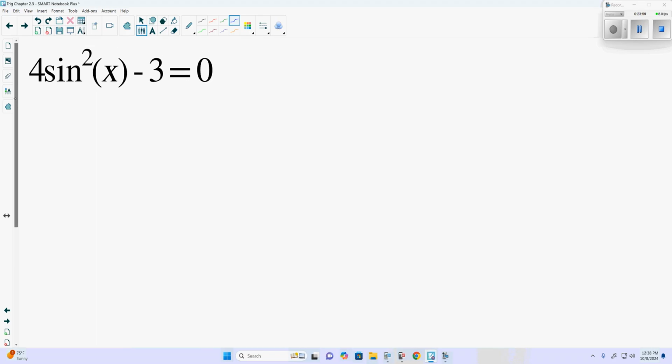Four sine squared x minus 3 equals 0. Again, just like with the last one, we can get sine by itself and find our values. Now the first thing we can do here is add 3, which will tell us that 4 sine squared is equal to 3. At this point here, we can divide both sides by 4.